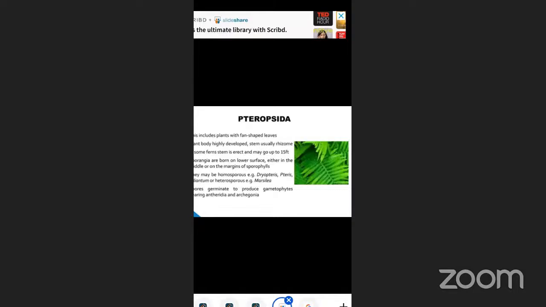So in Pteridophyta, this fourth and last division is again divided, first class being Eusporangiopsida. Here the Ophioglossales order is there, Ophioglossaceae family, Ophioglossum. Another order is the Marattiales, example is Marattia.